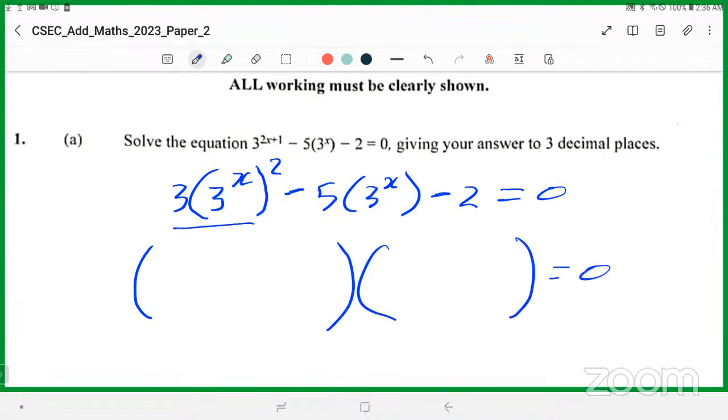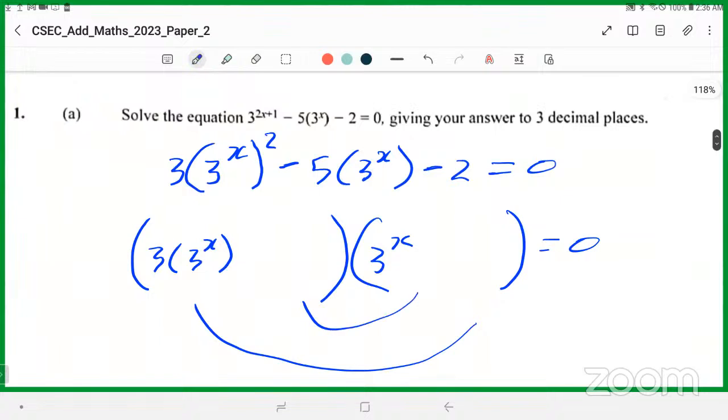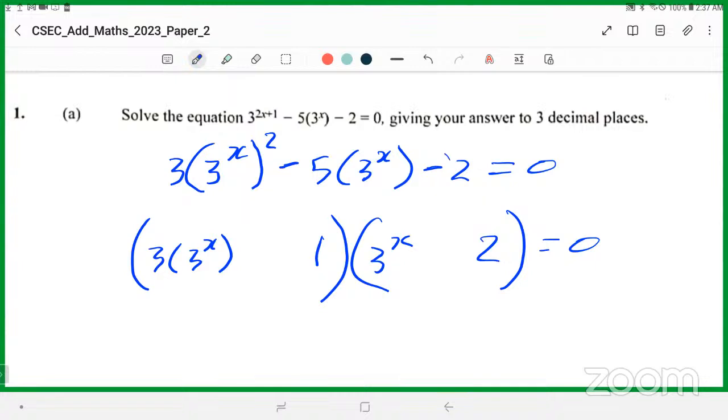So factors of this will be 3 times 3 to the x and 3 to the x. Factors of this, 2 and 1, going here and there. And it has to be such that my far product and my near product give me that middle term. So I need to put this 2 with the 3 to get my 6x. I'm putting a factor 2 here, 1 here. Signs are the same.